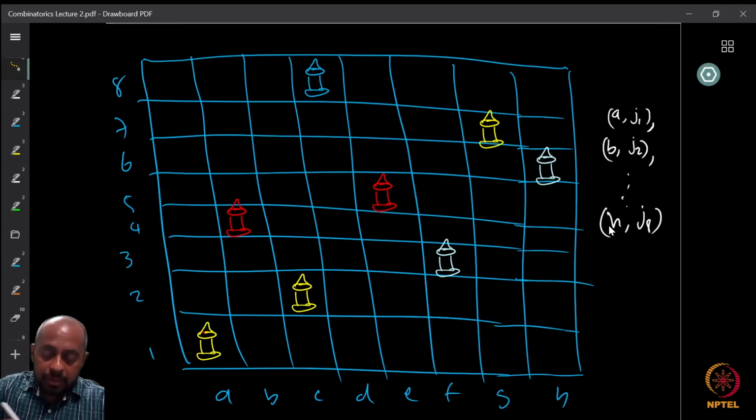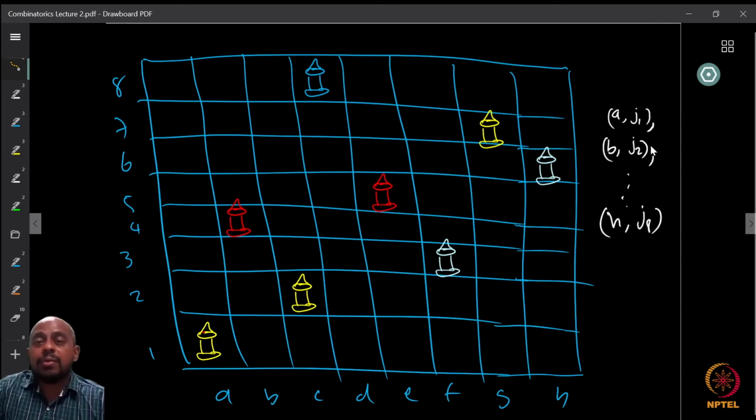Now, these are the 8 files I have. Once I choose the 8 rooks, I have to decide what J1, J2, etc., up to J8 are going to be. Can I have A, J1 and B, J2, where J1 is equal to J2?